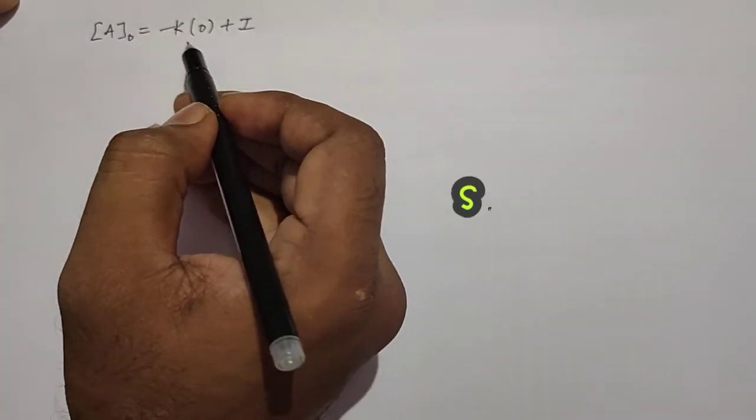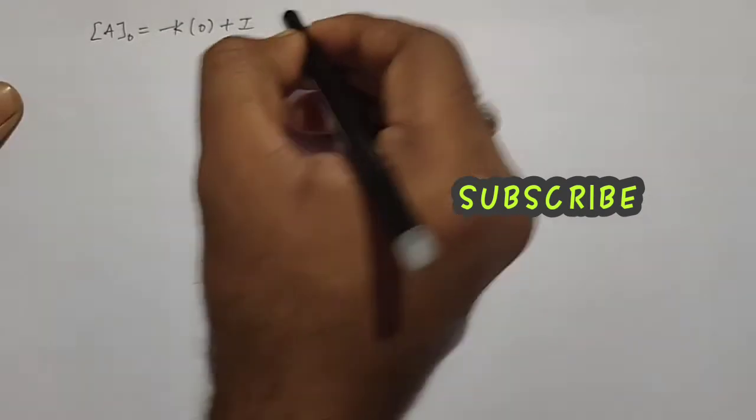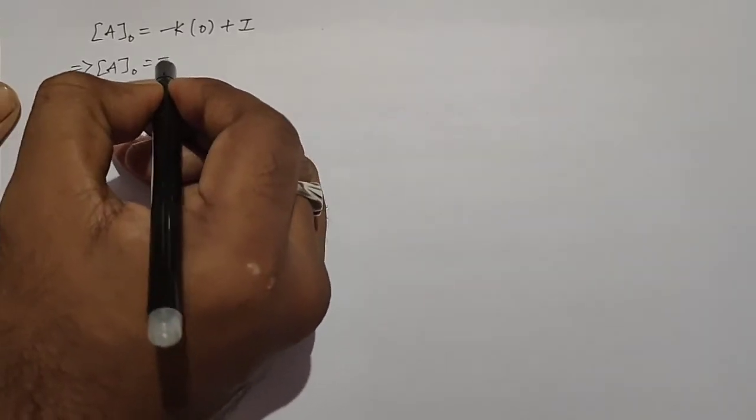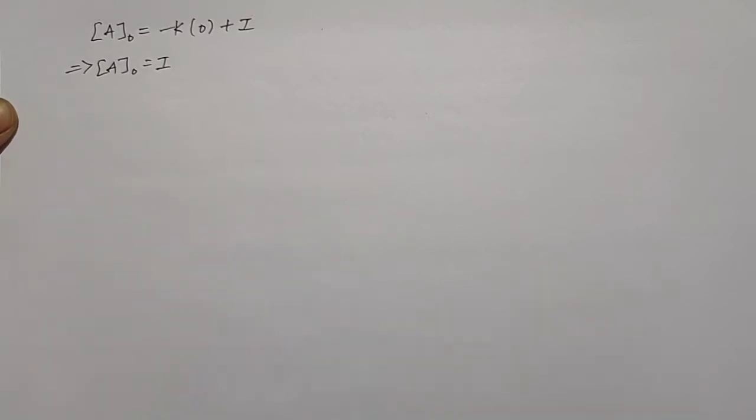Because at time t is equal to 0, the concentration of A is equal to A0. Resulting, we get A naught is equal to I. Now substitute the value of I in equation 1.